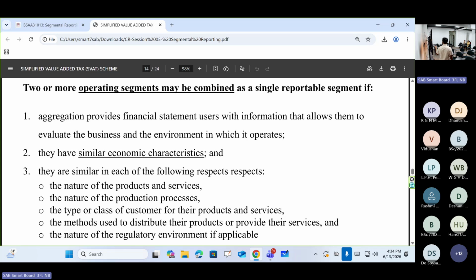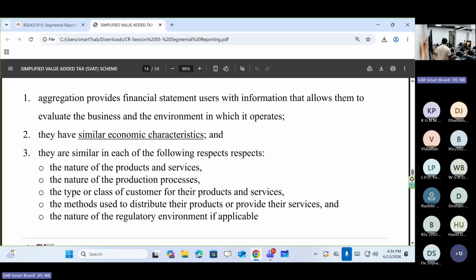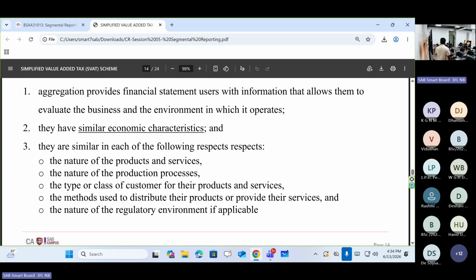What are they? The nature of the products and services, the nature of the production process, the type or class of customers for their products and services, the methods used to distribute the products, and the nature of the regulatory environment if applicable. These are the economic characteristics you need to compare. That's why I told you, you can't aggregate tire with ice cream.